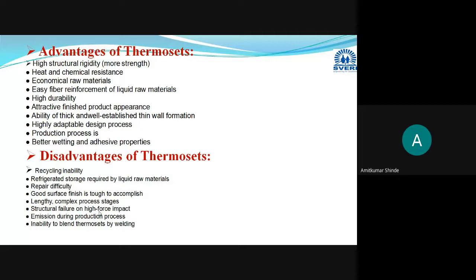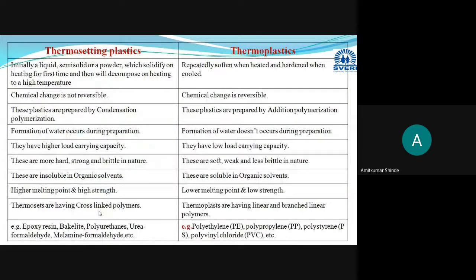In thermoplast material you can do the blending or mixing of one material into another, but in thermosets it is not possible.